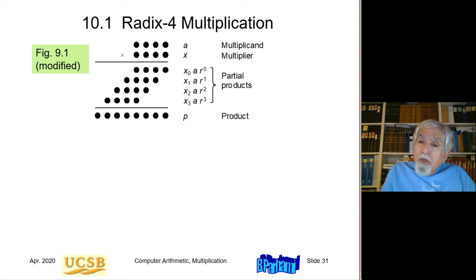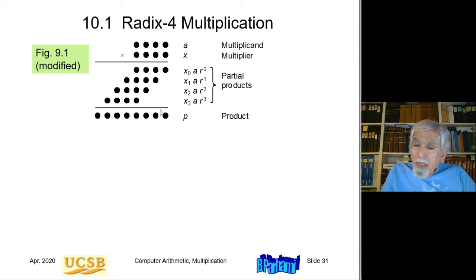Each of those rows of partial product is the product of one bit in x and the entire number a. So this is x0 times a. This is x1 times a. And it's shifted to the left because x1 is worth 2 units, whereas x0 is worth 1 unit, and so on.